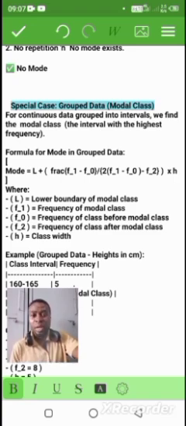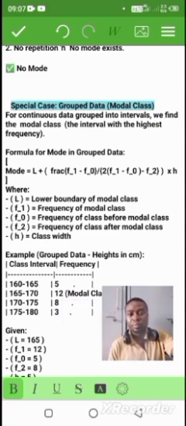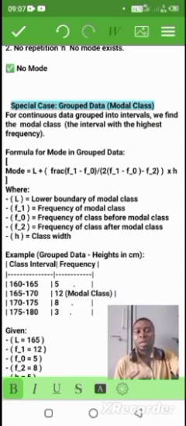We have an example here, as you can see on the screen. We have this grouped data: the frequency of the class interval 160 to 165 is 5, and the frequency of 165 to 170 is 12.